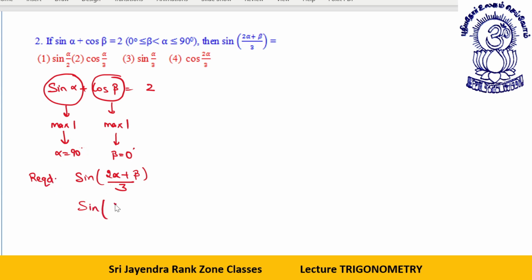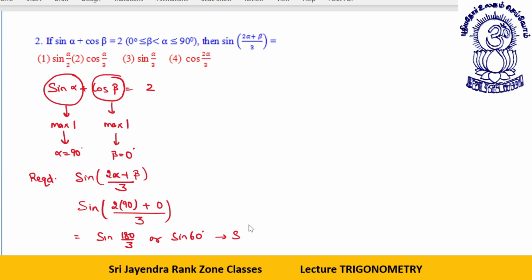Sine of 2 into alpha, what is alpha? Alpha is 90 degree. Beta is 0 degree, divided by 3. Fine. This is equal to sine 180 by 3, or sine 60 degree. What do we have as sine 60 degree? Sine 60, or you can say sine alpha by 3.